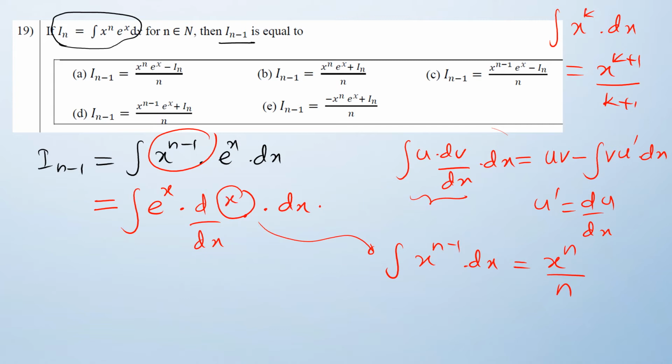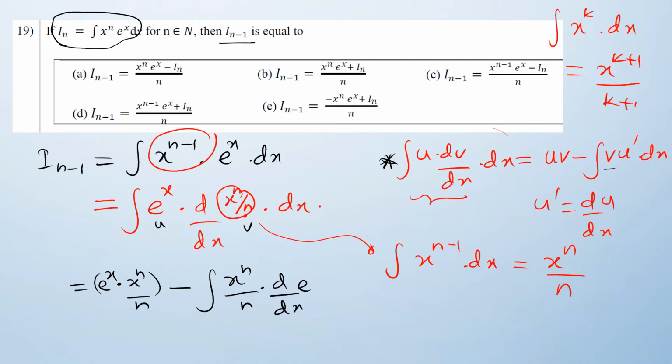So the function v here is x^n over n. This is u, and this is v. By using this equation, we have the multiplication of u and v, e^x times x^n over n, minus the integration of v du/dx, where v is x^n over n and du over dx is e^x, dx.